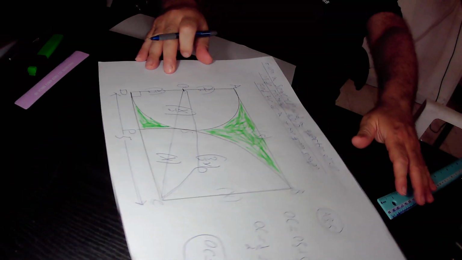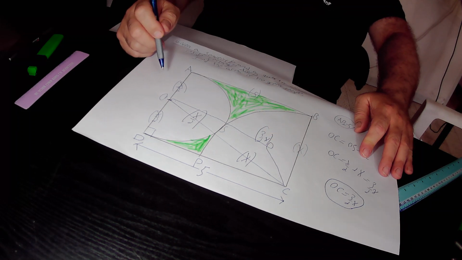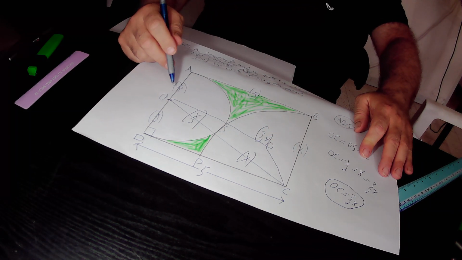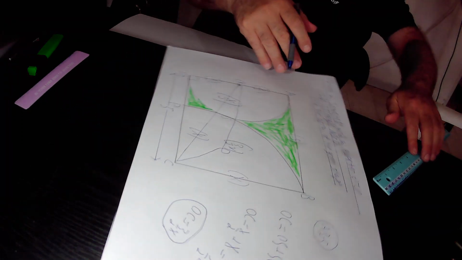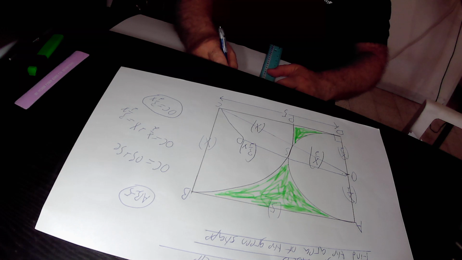So in the next step, I'll copy this right triangle ODC in a new page, and we will implement the Pythagoras theorem on this right triangle ODC. Here PT is the abbreviation for Pythagoras theorem.